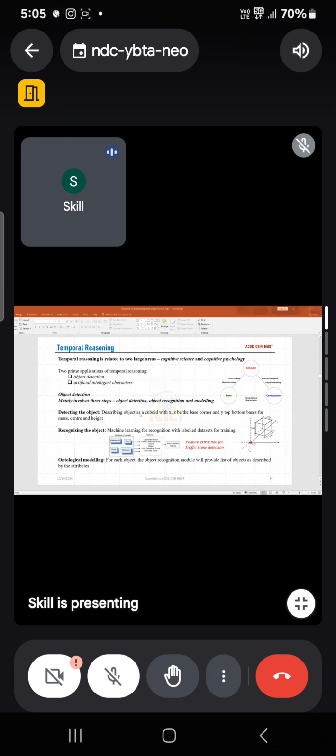So basically these two are the fields where temporal reasoning can be applied.